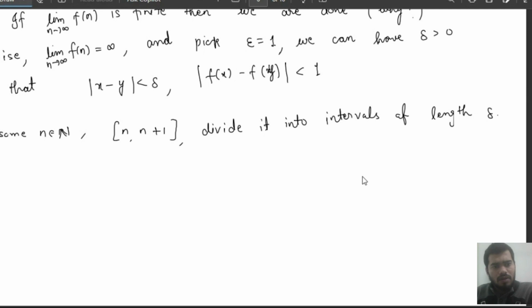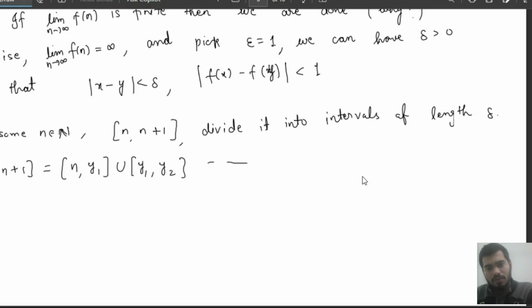So call this n comma y1, union y1 comma y2, and so on up to some yk minus 1 comma n plus 1.